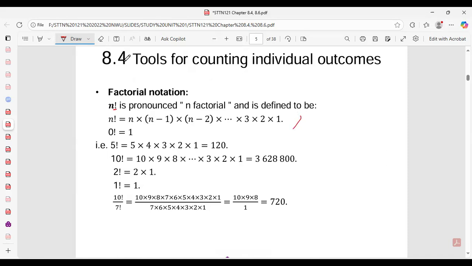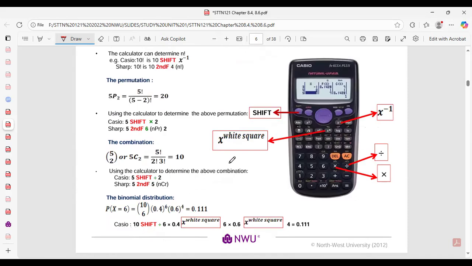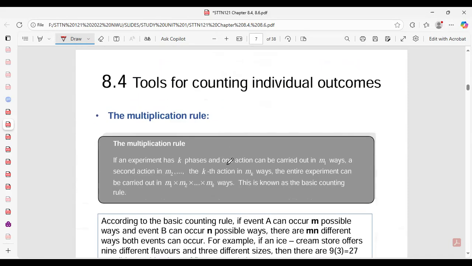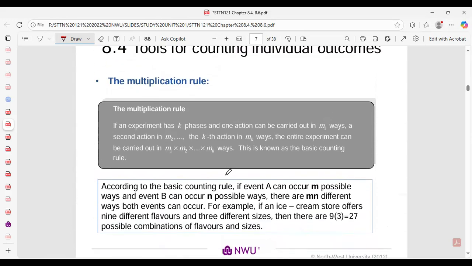You press shift and this pattern, and it turns into factorial. Then 5 factorial gives you 120, and so on. But let's check the questions.